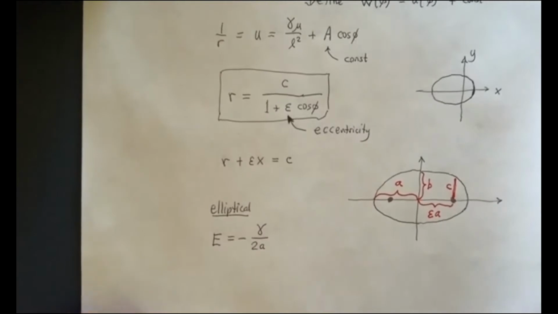Then we're going to discuss Kepler's third law, the relationship between the square of the period and the cube of the semi-major axis. For Kepler's third law, there are two forms: an exact form and an approximate form.